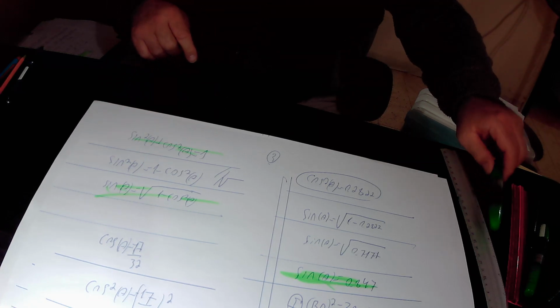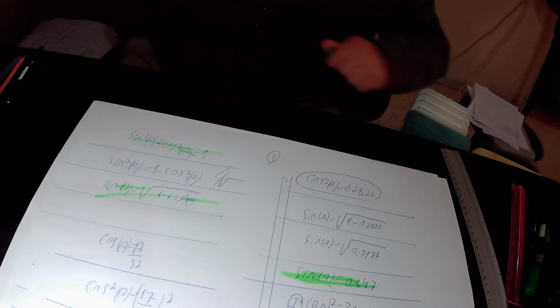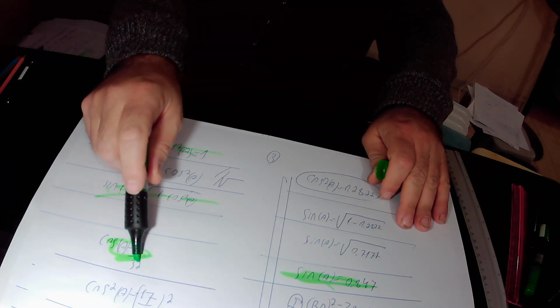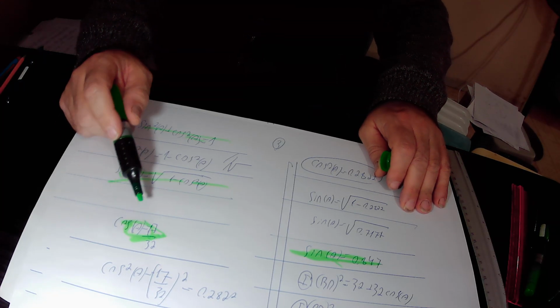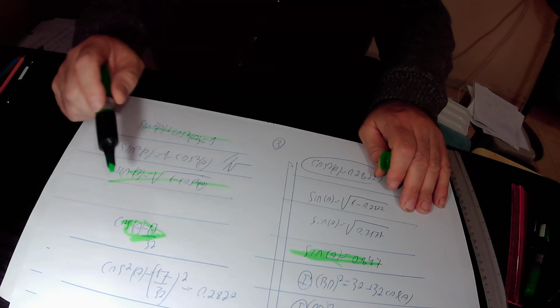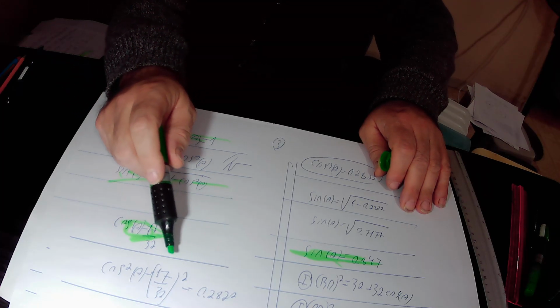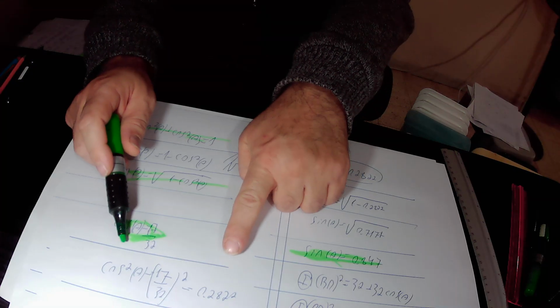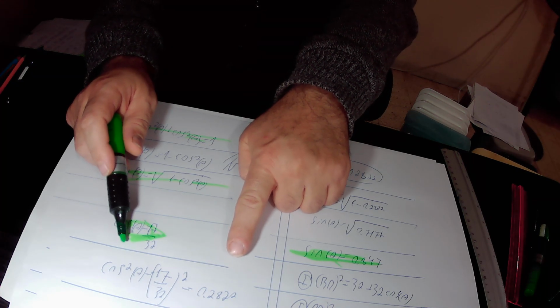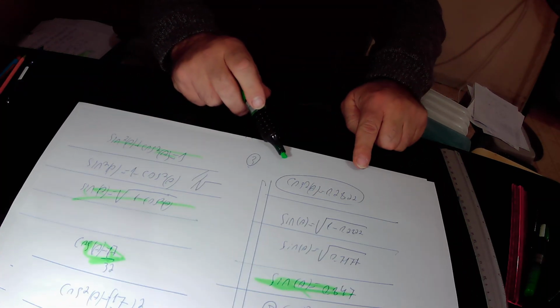But we already found that cosine theta equals 17 over 32. We square this and find that cosine squared theta equals 17 over 32 squared, which equals 0.2822.